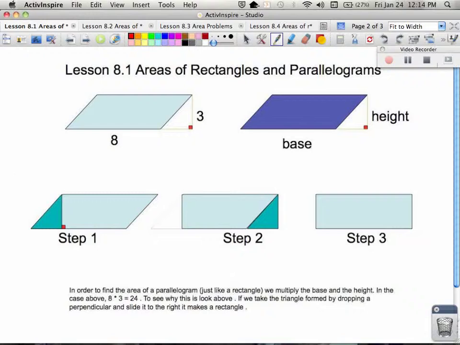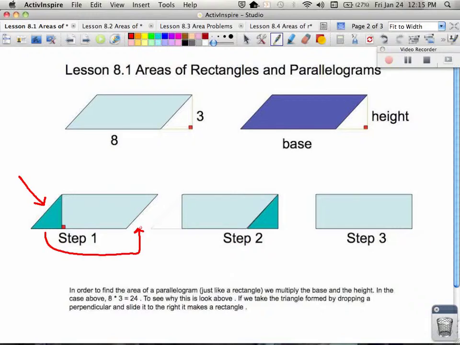If we were to take a perpendicular and look at the light blue parallelogram with a teal triangle sectioned off, and then slide that teal triangle to the right-hand side, we would see step 2 and step 3 occur where we actually produce a rectangle.